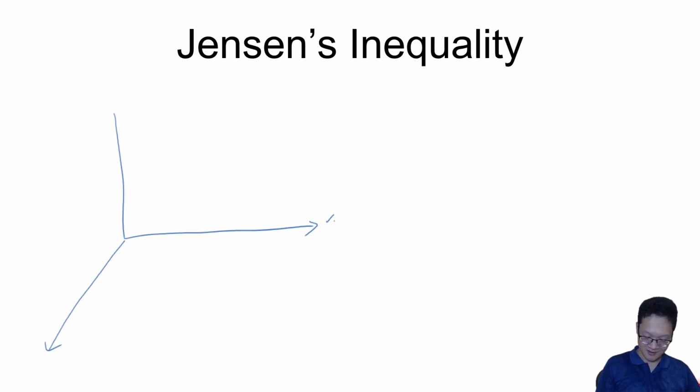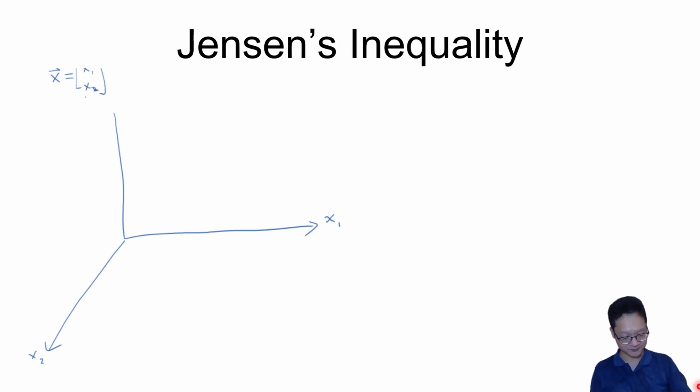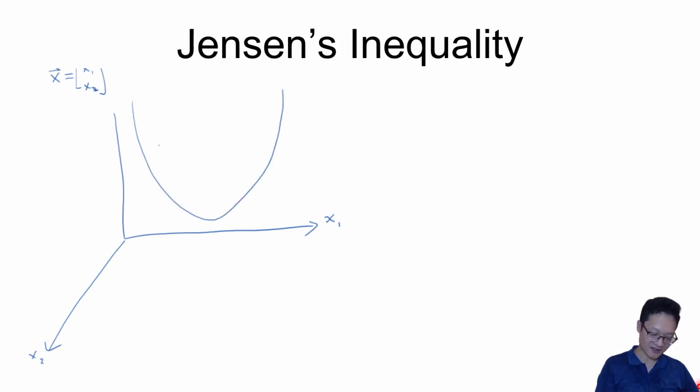So I'll do 2 variables, but you can imagine more variables would work as well. So here we have the vector x equals x1, x2, but in general, it can go up to xn. A convex function basically looks something like this. We have a bowl-shaped function, as we have seen. So here's my attempt at drawing a bowl-shaped function.